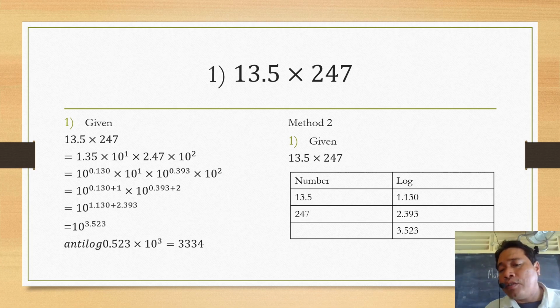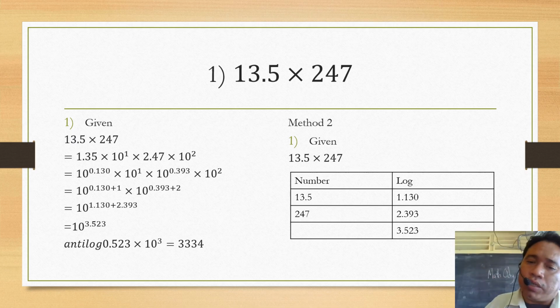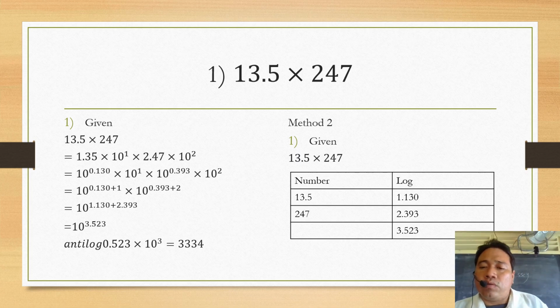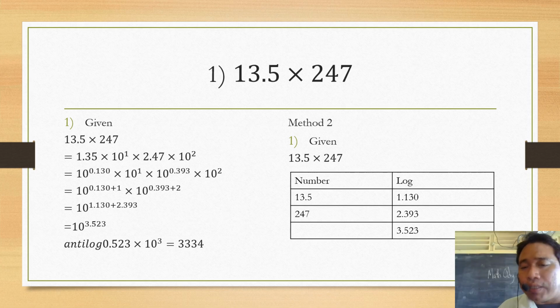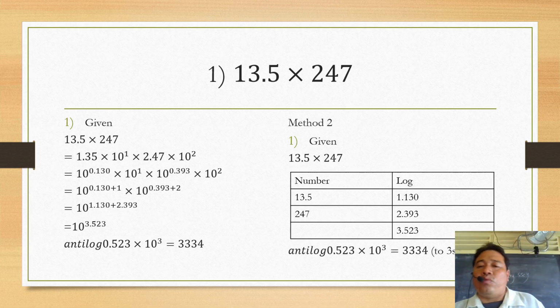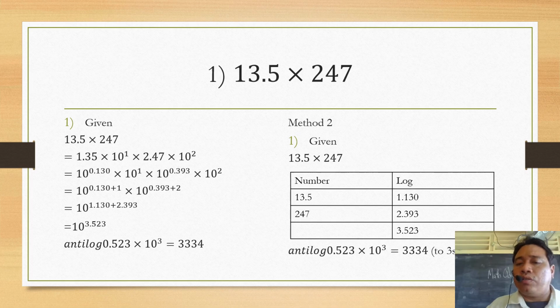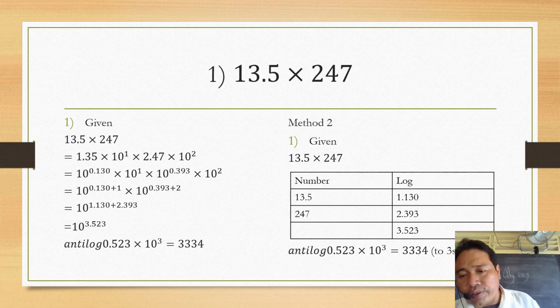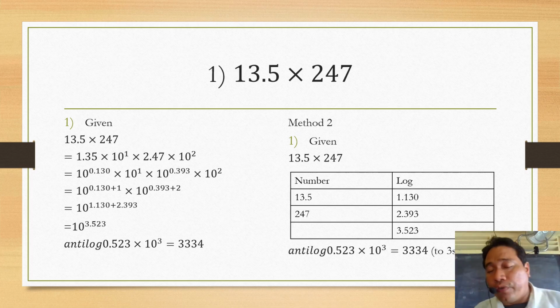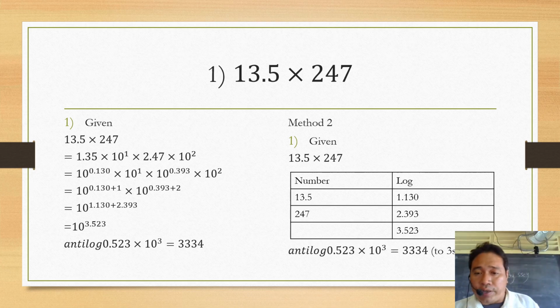Notice we add: 3 plus 0 is 3, 9 plus 3 is 12, so 2 carry the 1, 1 and 3 is 5, and 1 plus 2 is 3. And then of course we have to antilog the 3.523 in the format as before. Antilog 0.523 times 10 to the third equals 3,334 to three significant figures.